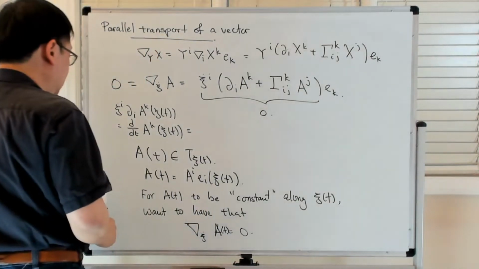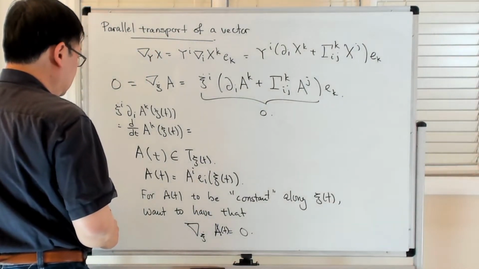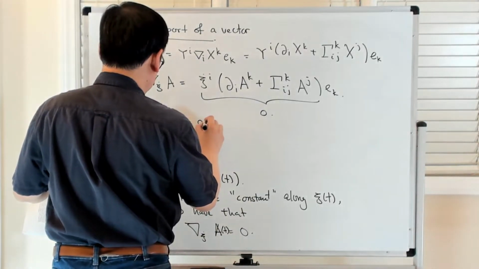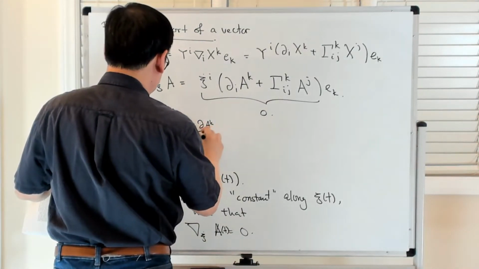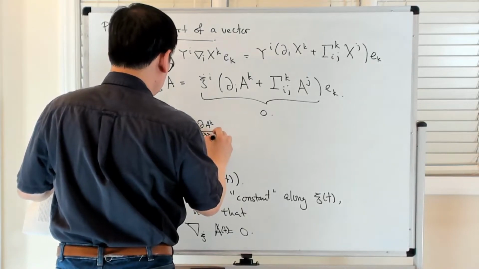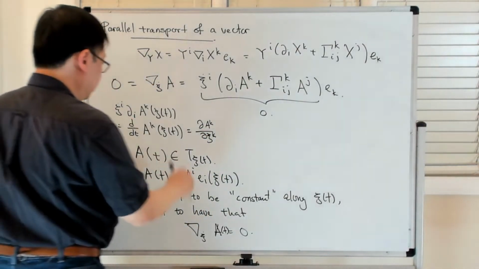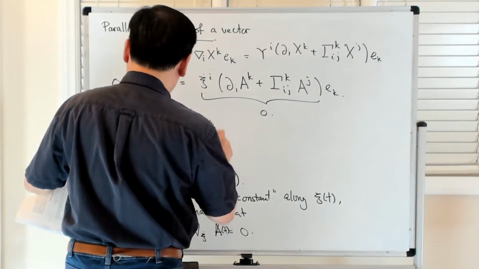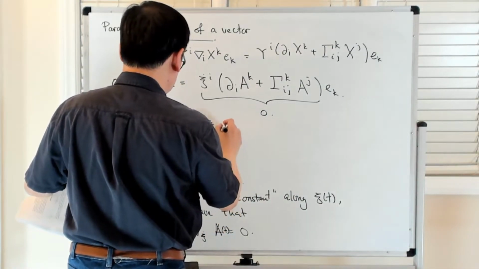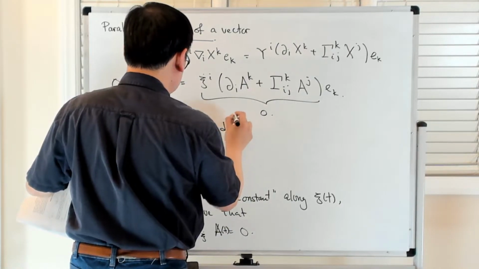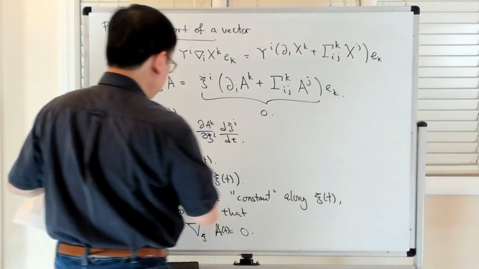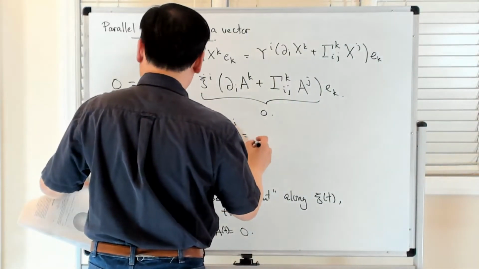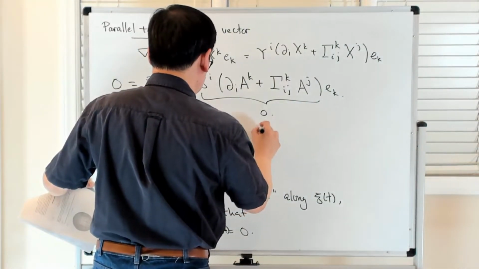This is partial of A_K with respect to C_K, that's C_I, and then the total time derivative of C_I with respect to t.